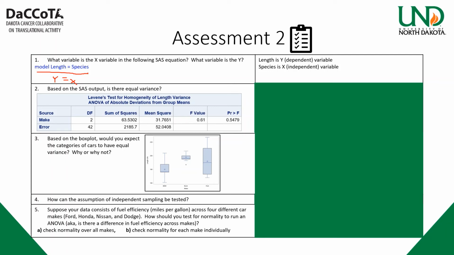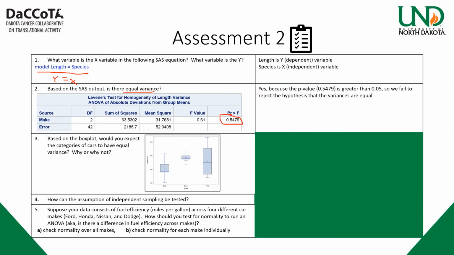So we have an equal variance test. We're asking, is there equal variance? We see here this is not significant, which means it's greater than 0.05. So we fail to reject the hypothesis that the variances are equal, which means we have no reason to believe they're anything but equal. So yes, there's equal variance.